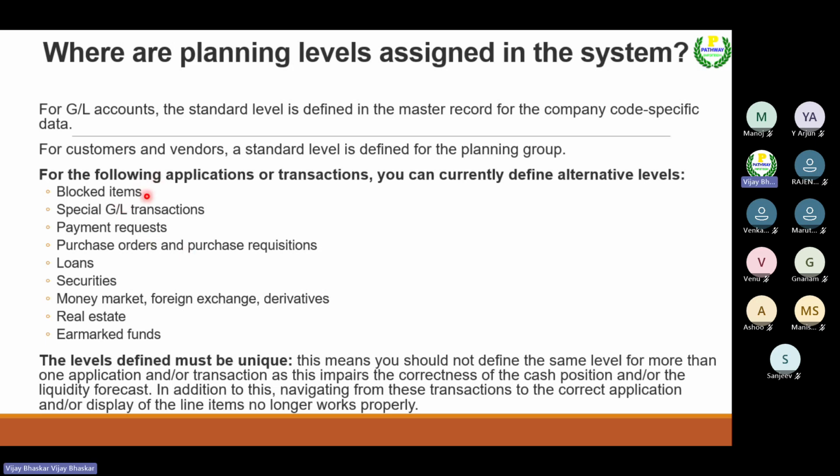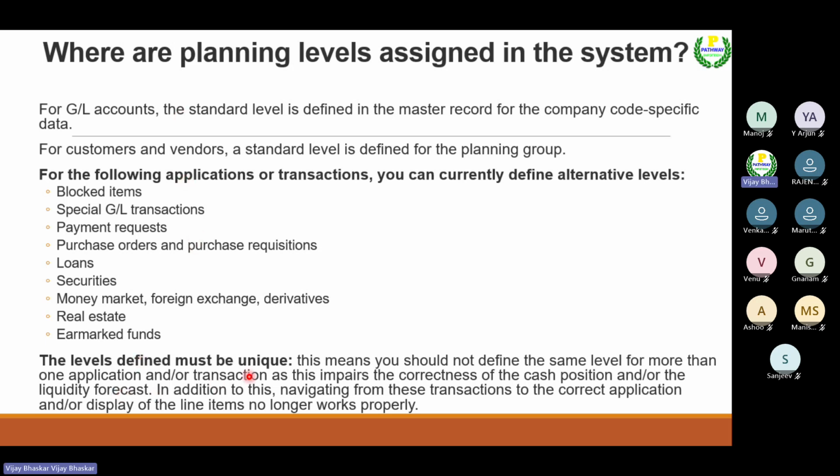Blocked items, as I have already highlighted, special GL transactions, payment requests, purchase orders and purchase requisitions, loans, securities, money market, forex, derivatives, real estate, and in case there are any earmarked funds, you can also do the planning in addition to the above.